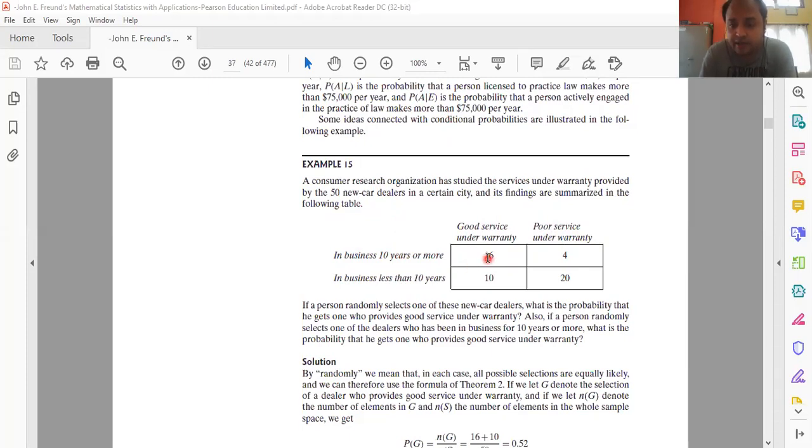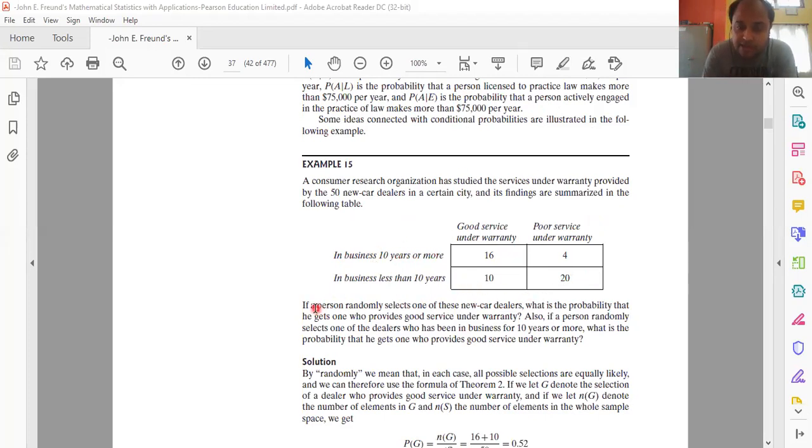For example, 16 is the number of car dealers in business for 10 years or more who provide good service under warranty, whereas 20 car dealers are in business for less than 10 years and provide poor service under warranty. So this is the chart we have.